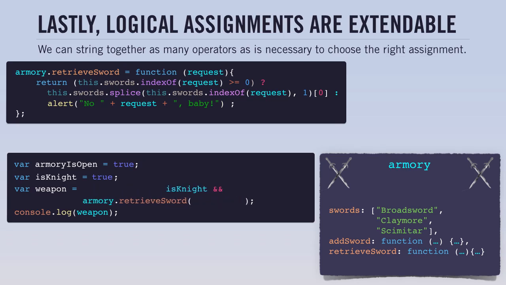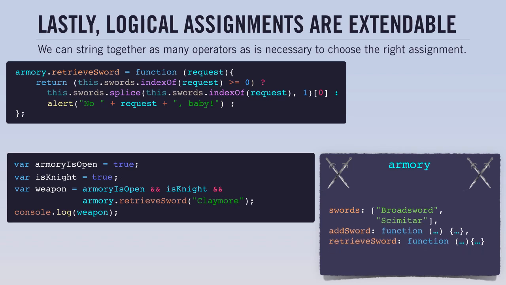This is an extended logical assignment. So now, if the armory is open, which it is, and the person is a knight, which they currently are, and if there's a claymore in the array for the swords and that gets returned, then we'll take that sword and assign it to the weapon variable. That happens here, so you can see when we log out the weapon, we get the claymore.